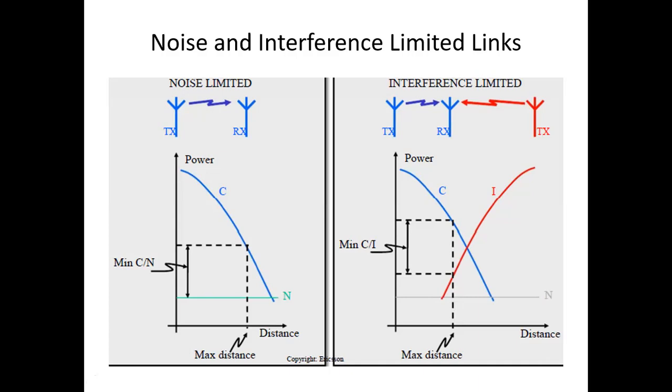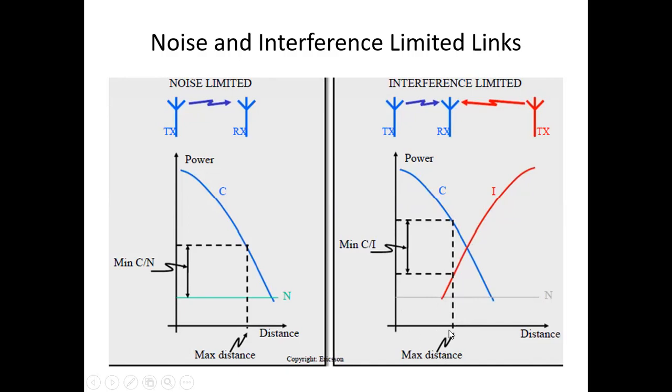And don't forget that you also have some noise. The noise level is shown here. So in addition to noise, you have two effects: the degrade of carrier power and the increase in interference power.